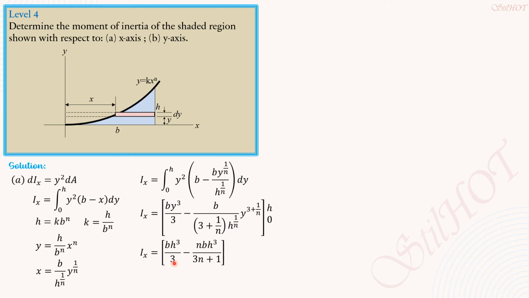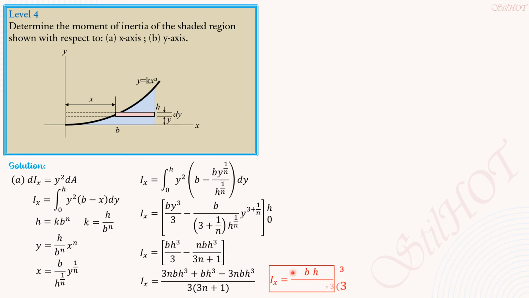So this is the LCD, 3 times (3n plus 1). So simplifying, Ix equals 3n bh cubed plus bh cubed, then minus 3n bh cubed, all over 3 quantity (3n plus 1). So we can cancel this, and therefore we can now derive Ix equals bh cubed over 3 quantity (3n plus 1).